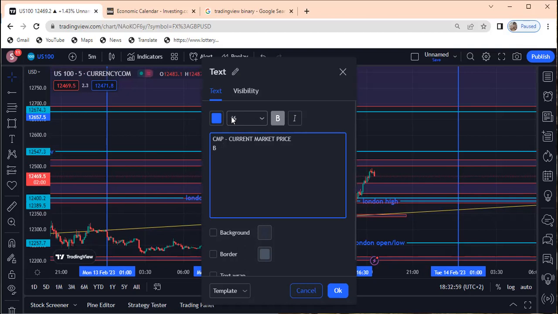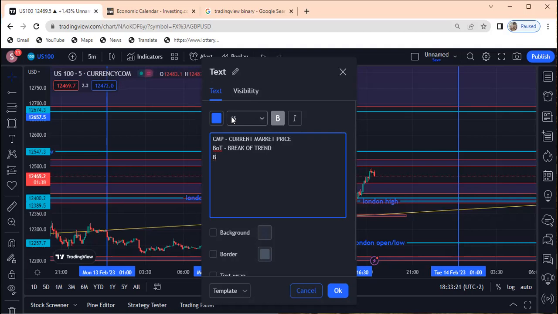Then we have BOT, which is break of trend. That's when we are looking for something to break a trend. So we'll write BOT, break of trend, just to summarize it.